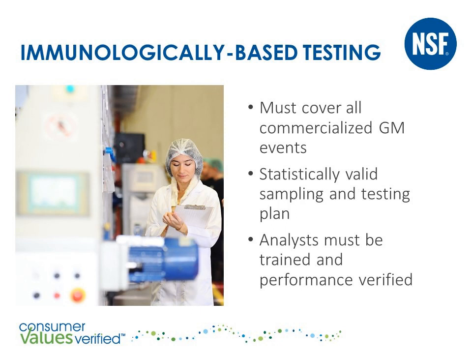Analysts must be trained and their performance verified to ensure the tests are reliable. So as part of the sampling and testing plan, you'll put how the sample or the analyst is trained to conduct the testing.